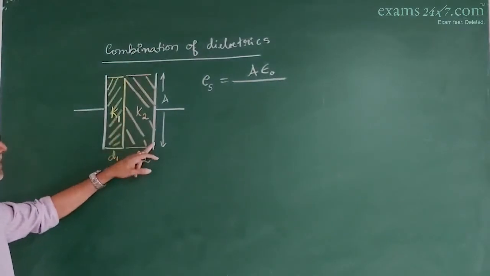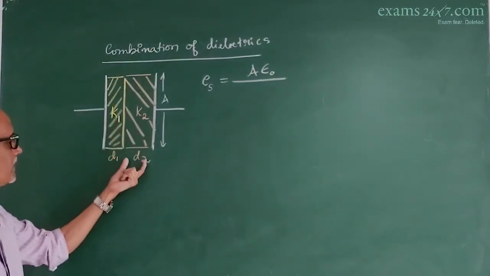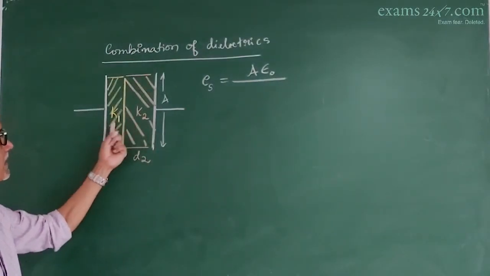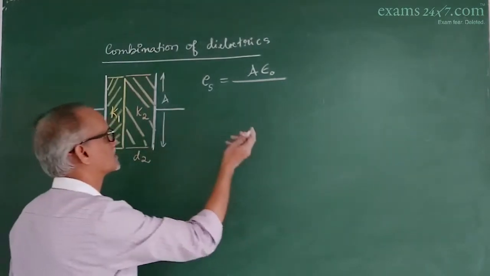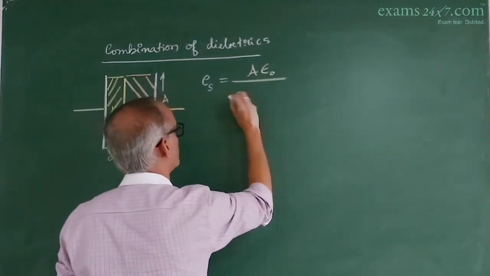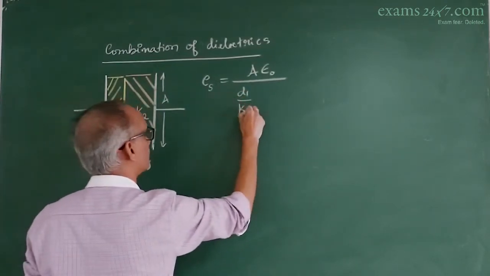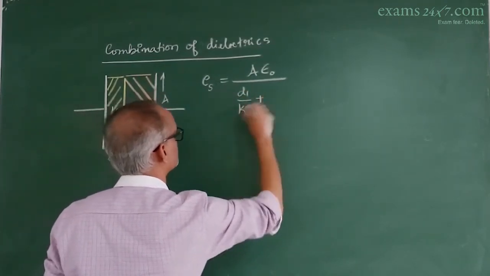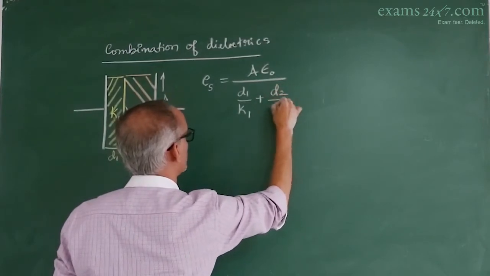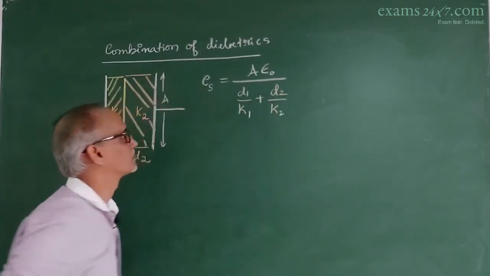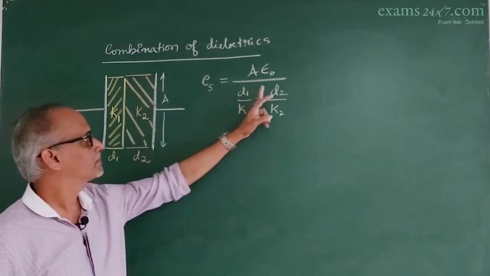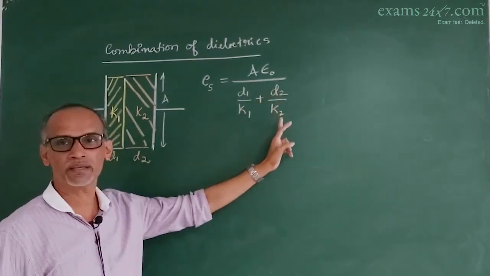They differ only by thickness and dielectric constant. So CS is given by A epsilon naught by d1 by k1 plus d2 by k2.